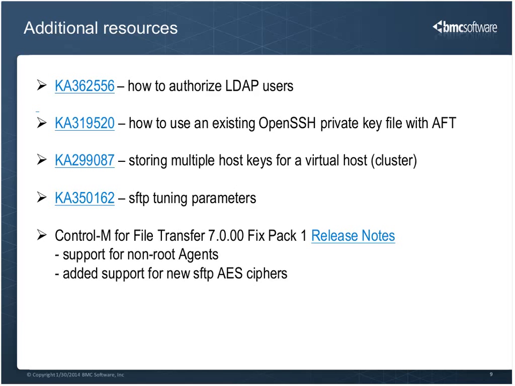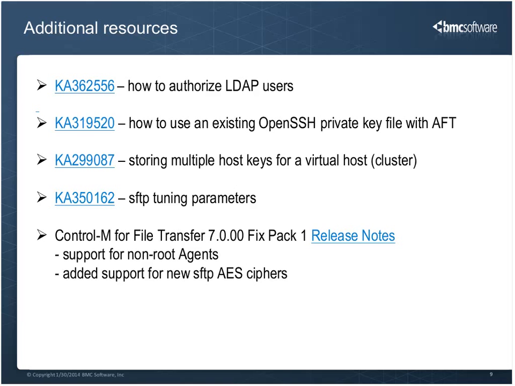And finally, there's a KA out there with some SFTP tuning parameters that you can use in case you find that AFT isn't performing the way you'd like to see. And I wanted to point out Control for File Transfer Fixback 1. It's been out for a while, but it adds a couple of new important things.